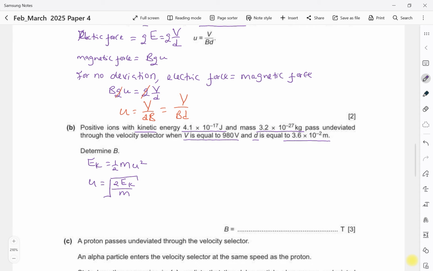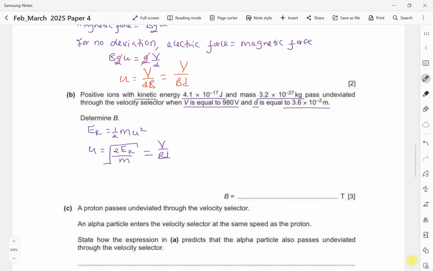And remember, u is also equal to V over B times D. So we want to find B. Cross multiplying, B is going to be equal to V divided by D times the square root of twice EK divided by M.